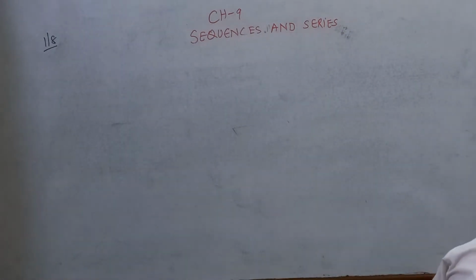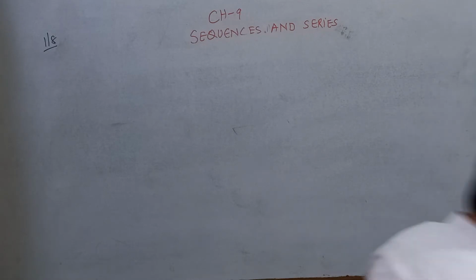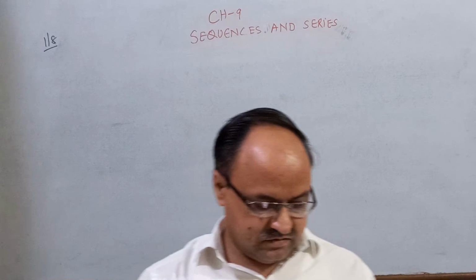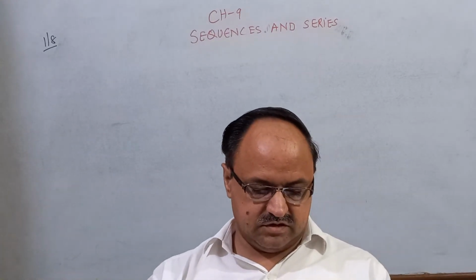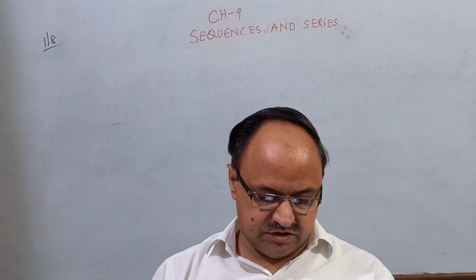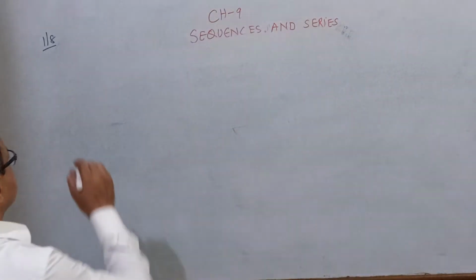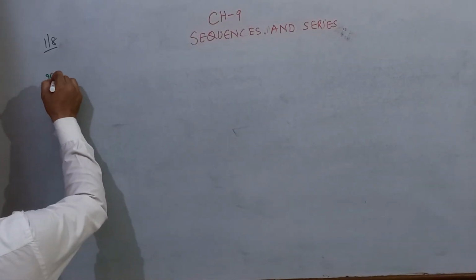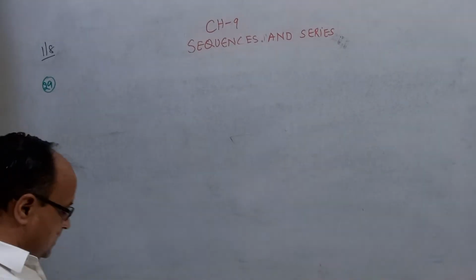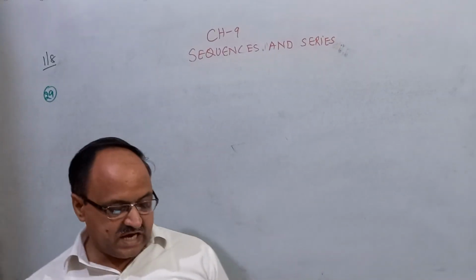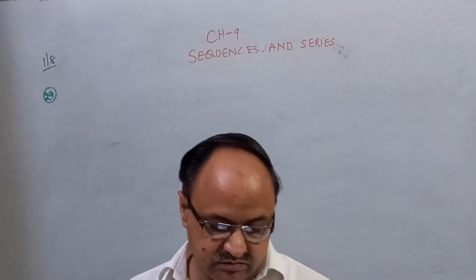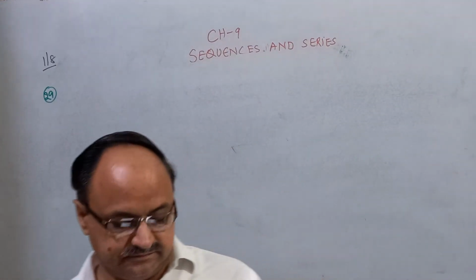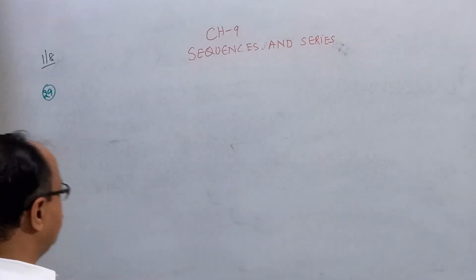Next, question 29. If A and G be the arithmetic mean and geometric mean respectively between two positive numbers, then prove that the numbers are A plus minus square root of A square minus G square.